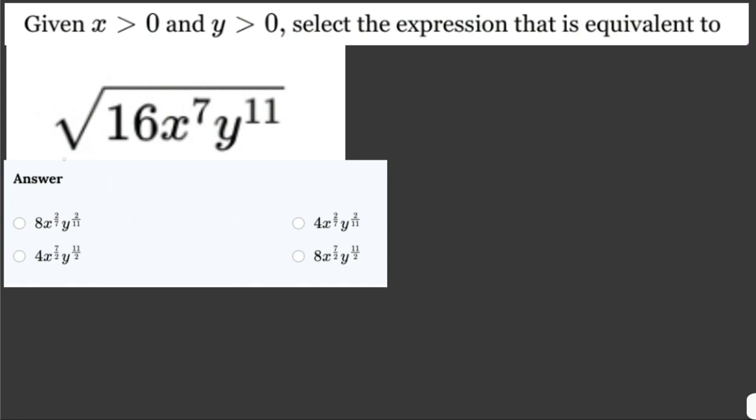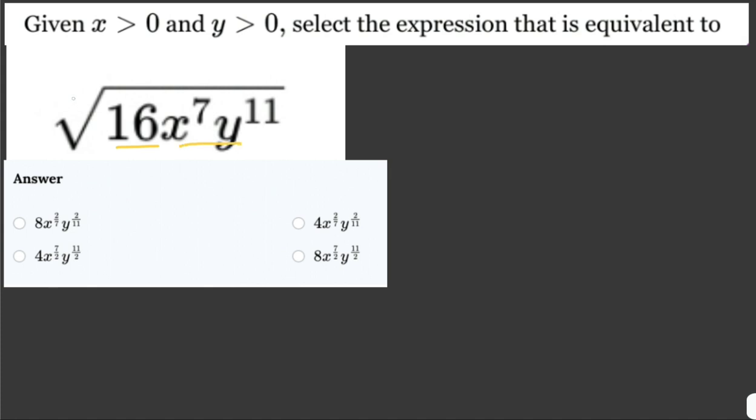So we just need to simplify this, and then we're given options or choices for the answers. Alright, again, we simplify the radicand. We factor the number into its prime factors, and then we expand the variables.